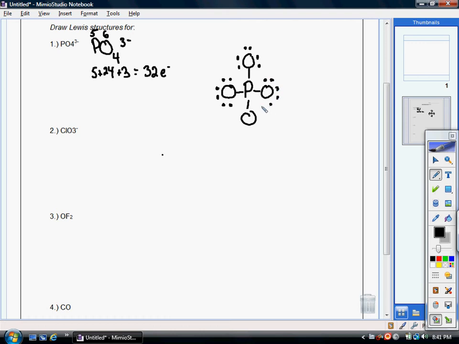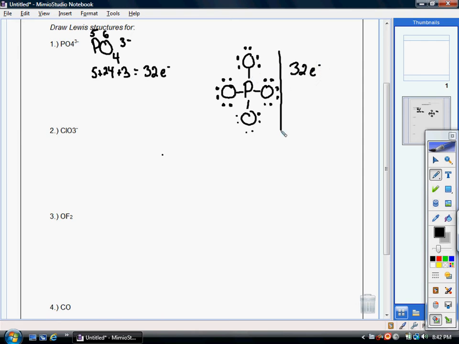And then after you get them all filled in, then you're going to count them up. Alright, so let's go ahead and count them up. We have 1, 2, 3, 4, 5, 6, and then the line is 2, so that's 7 and 8. And then we have 8 here, that's 8 plus 8, that's 16. We have 8 here, that's 24, and we have 8 here, that's 32 electrons. And that's the answer for your first one.